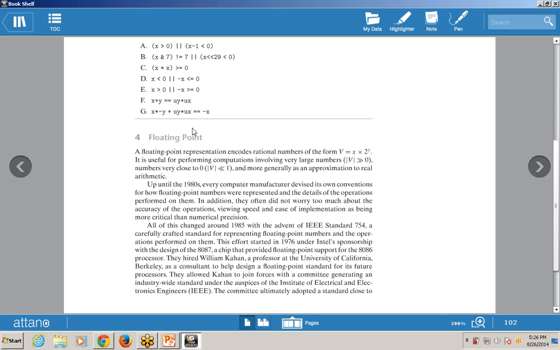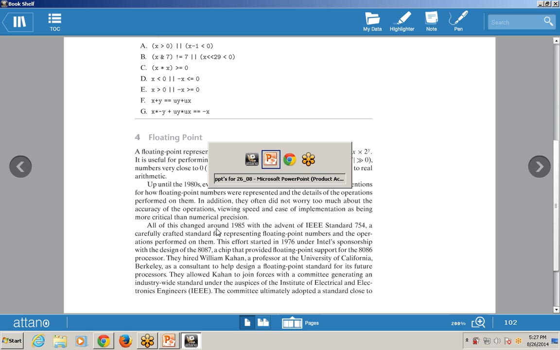A floating point representation encodes rational numbers of the form v equals x times y. It is useful for performing calculations involving very large numbers. Means whenever we have to do calculations that involve very large numbers, that can be done by the floating point representation.